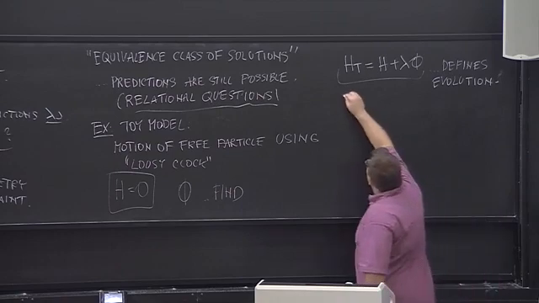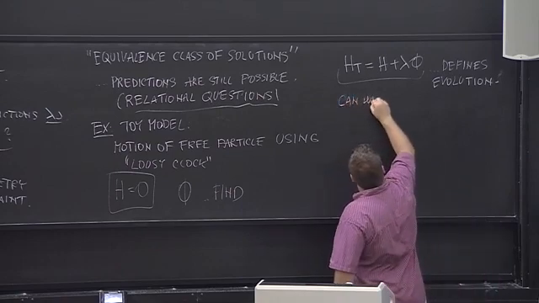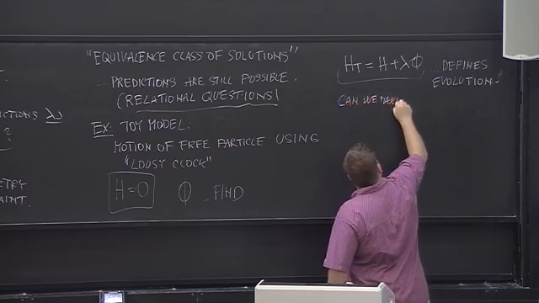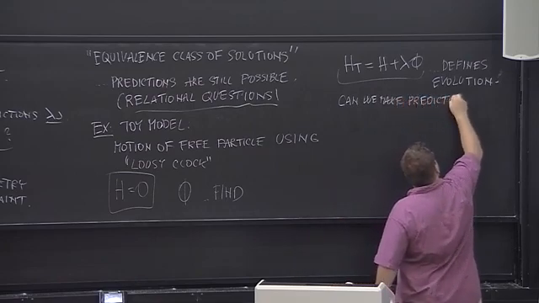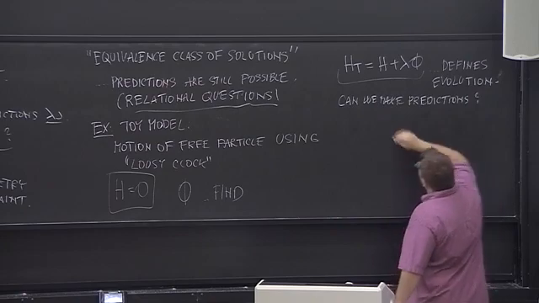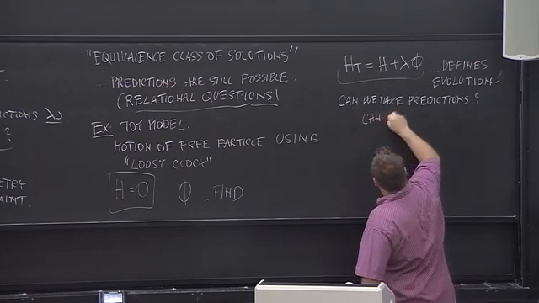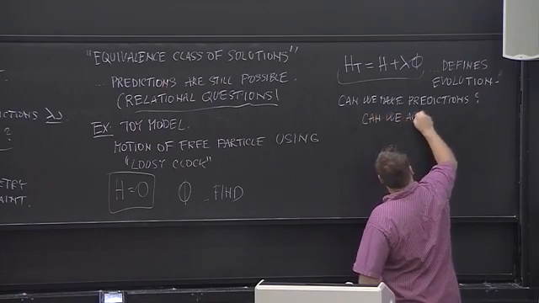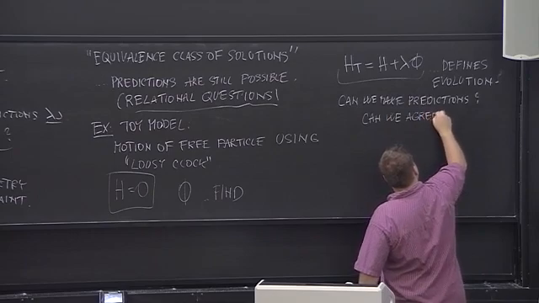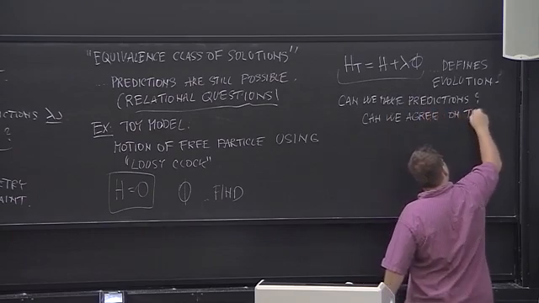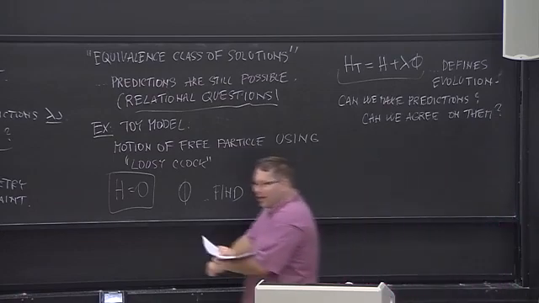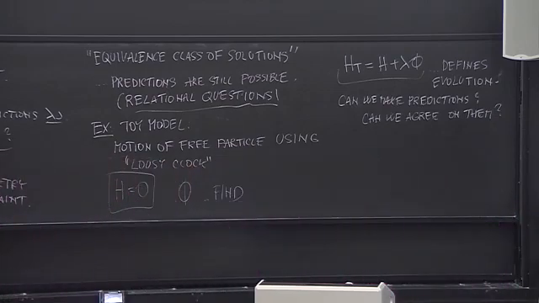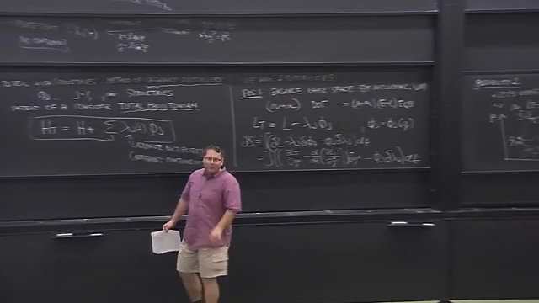So can we make predictions, and can we agree on them? So in other words, let's say I am using my screwed up clock and my friend is using another screwed up clock, which is completely screwed up in a different way than mine.